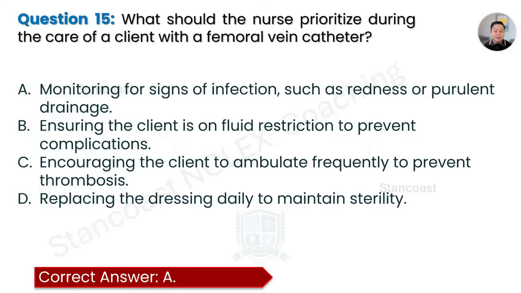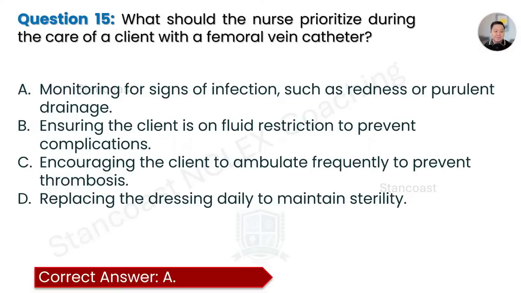Now, letter B is an incorrect option because fluid restriction is not standard practice for clients with femoral vein catheters unless there is a specific medical indication, such as heart failure or maybe renal impairment. And restricting fluids unnecessarily can lead to dehydration, and it can increase the risk of catheter occlusion as well.